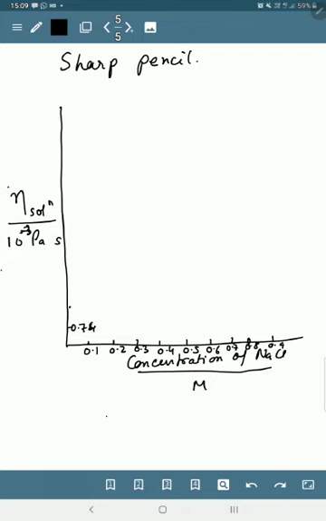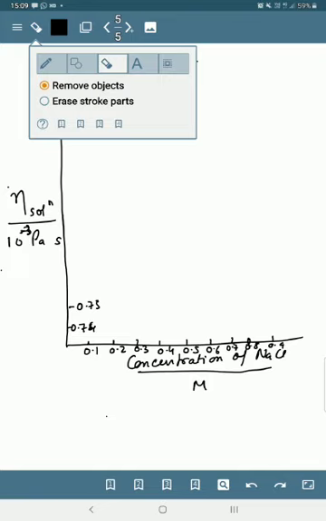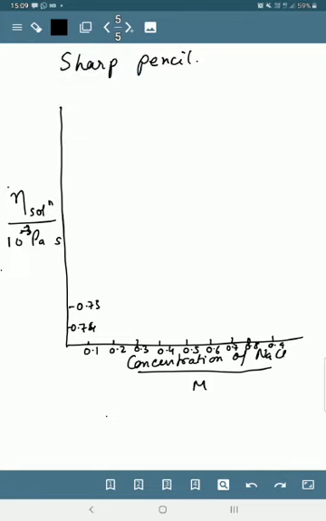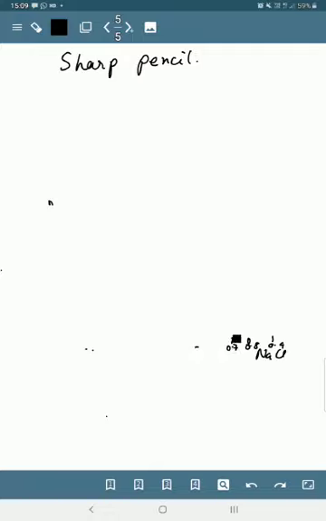Then the second value is, let's say, 0.75. Either I use an eraser. Let me take an eraser and rub and show it to you, because I don't want you to make a mistake. Okay, let's do this. So I'm rubbing and making another one for all of you.